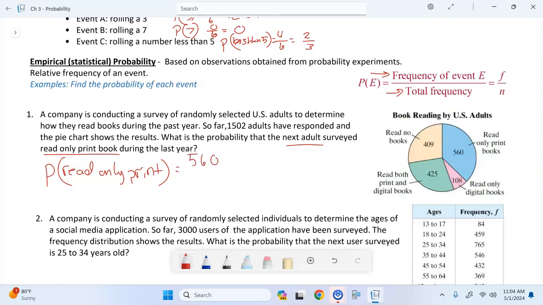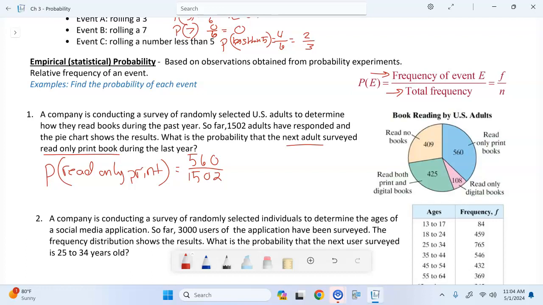Our frequency is 560. What is our total frequency? 1,502, because that's how many trials were done. That's how many surveys were done. And then we got 560 results that matched up with that event.